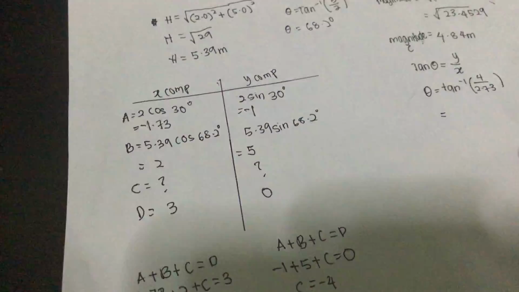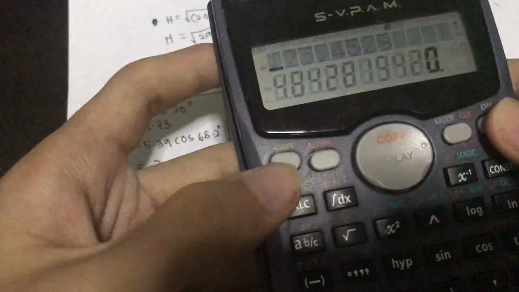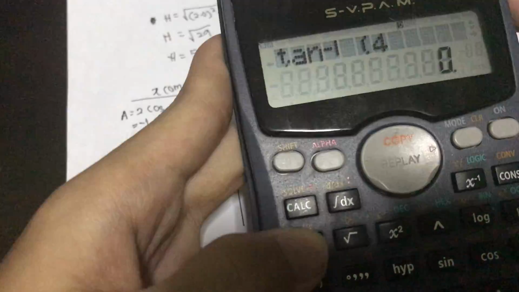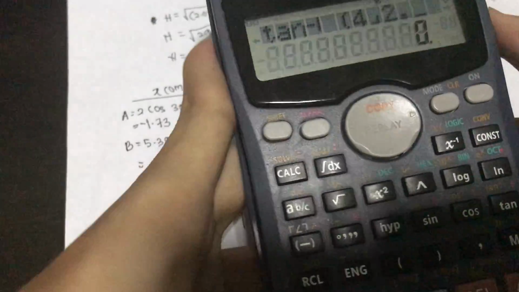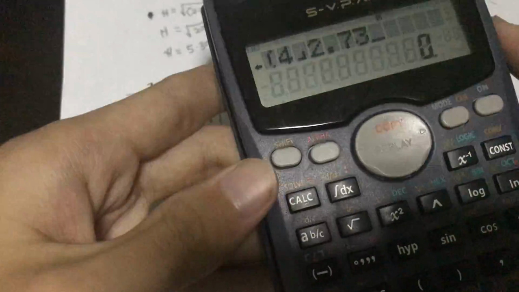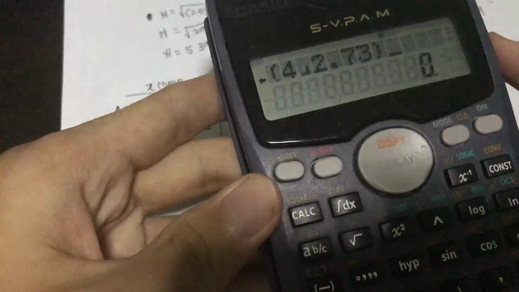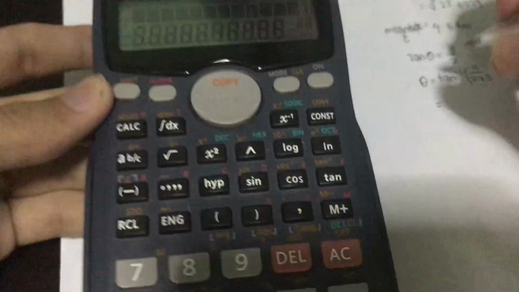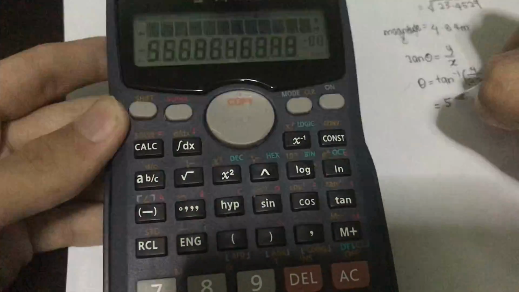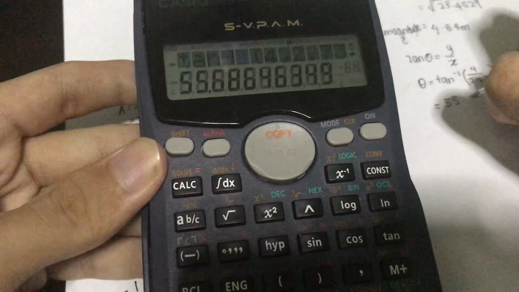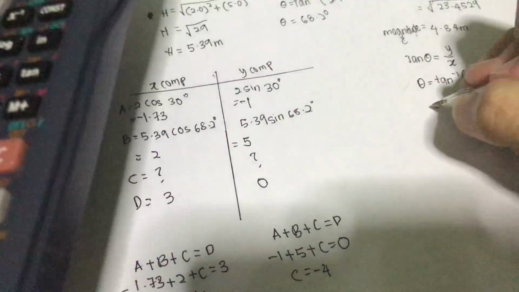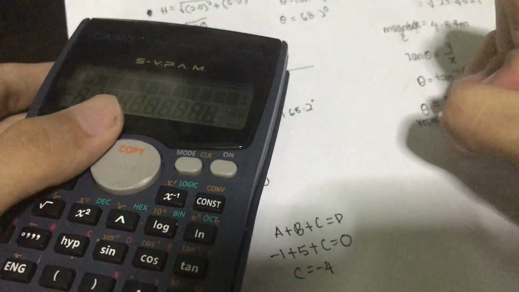And we get tangent inverse of 4 over 2.73, and we get 55.69 degrees for theta of vector C.